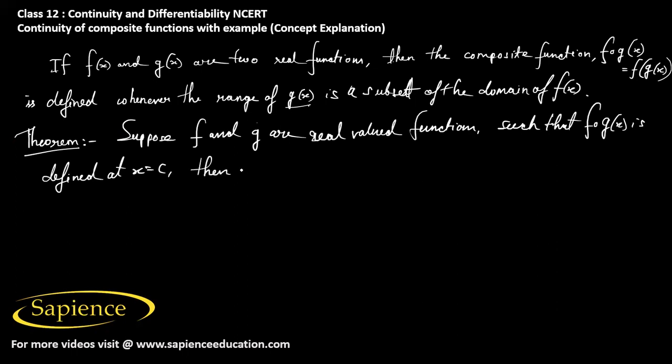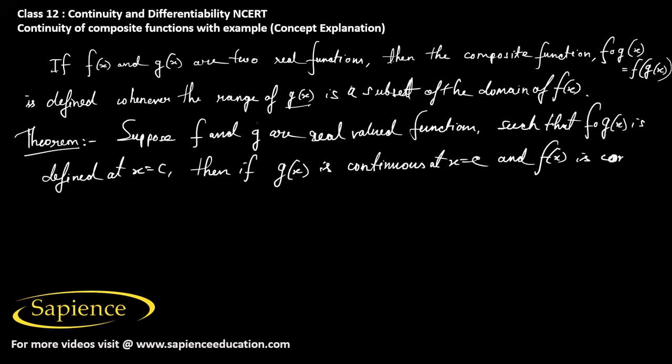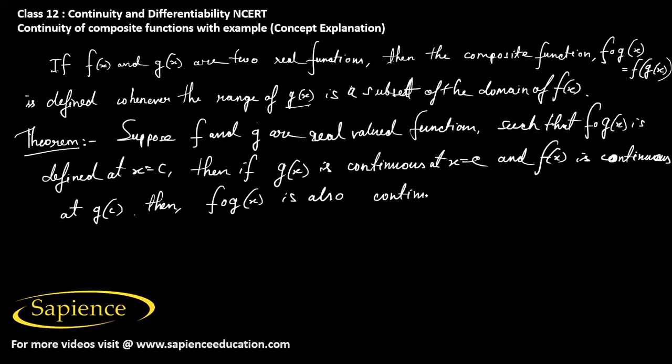Then if g of x is continuous at x equal to c, and f of x is continuous at g of c, then the function f of g of x is also continuous at x equal to c.